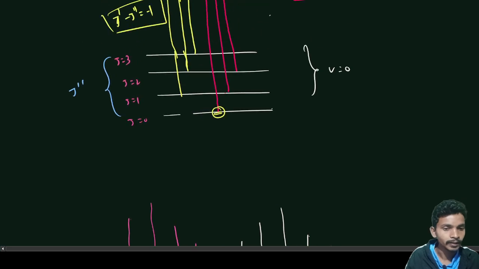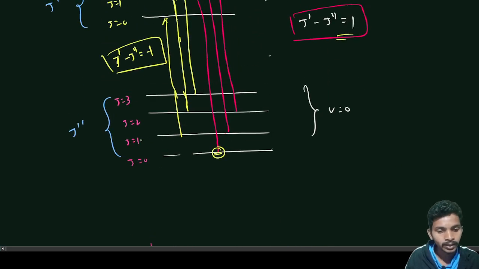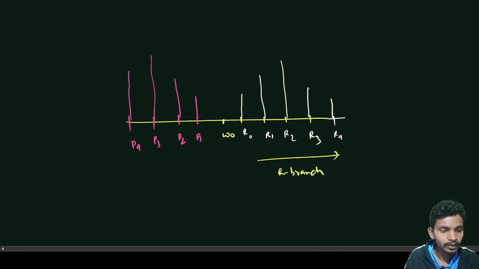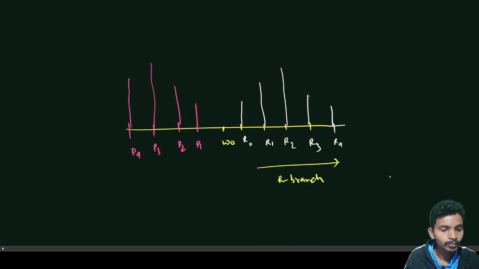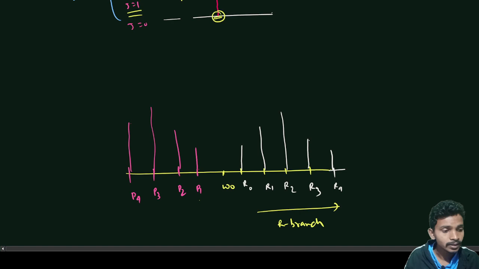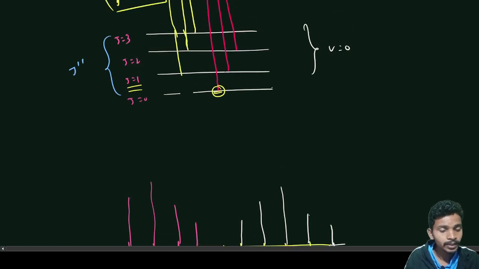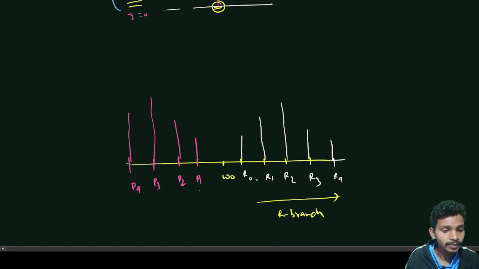And whenever I am writing from j equal to 1 to j equal to 0, that is j dash minus j double dash equal to minus 1, this starts from j equal to 1, so this starts from P. Here, since this transition starts from j equal to 0, that's why this starts from R0.